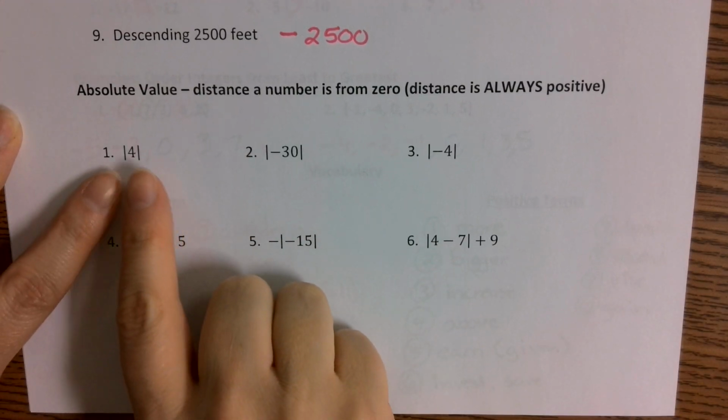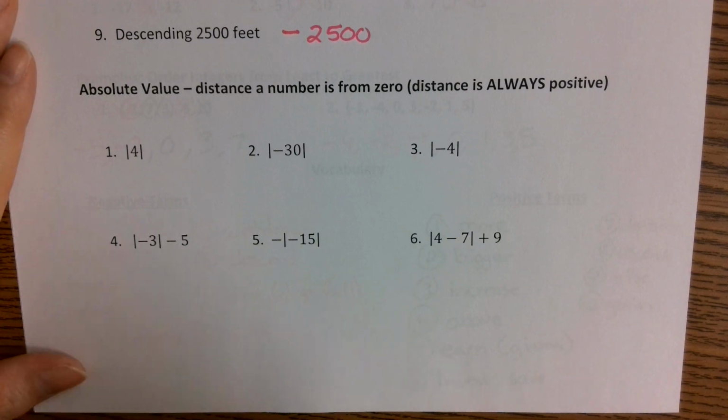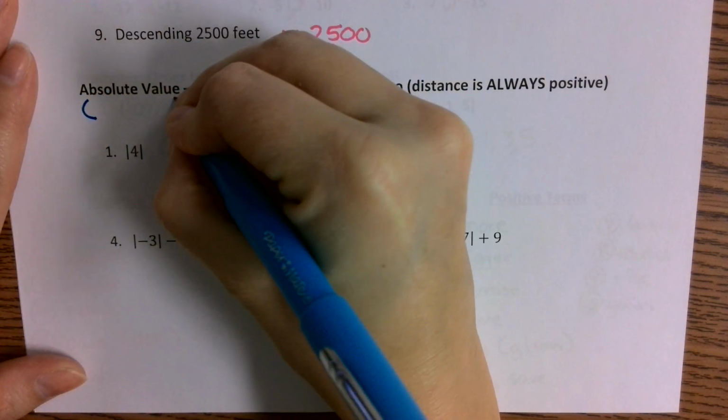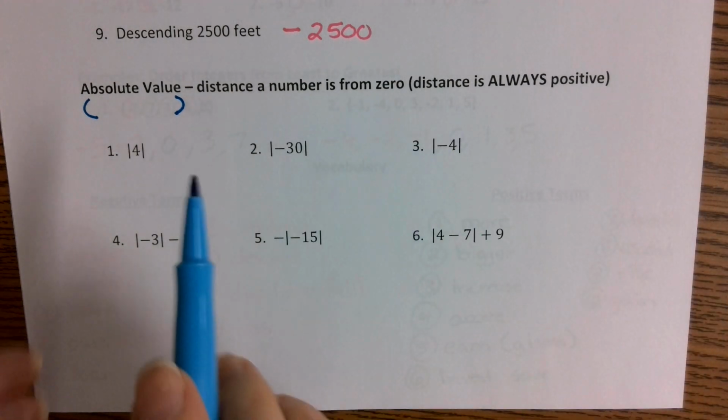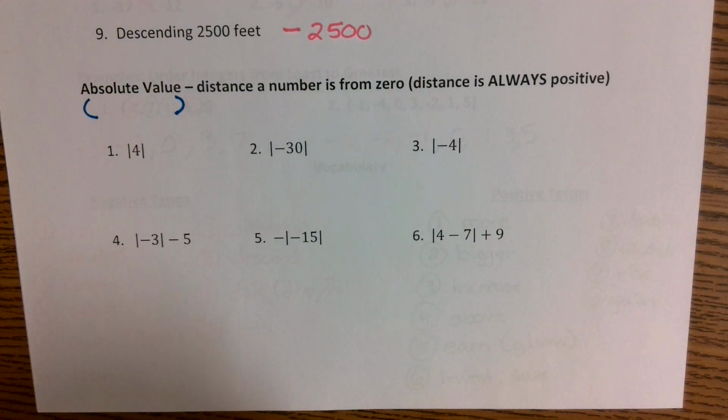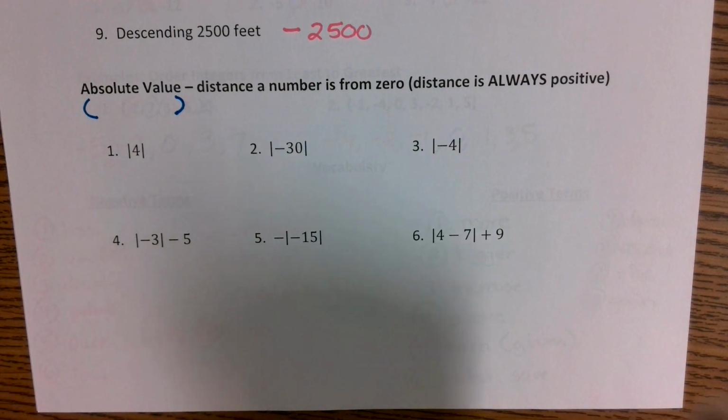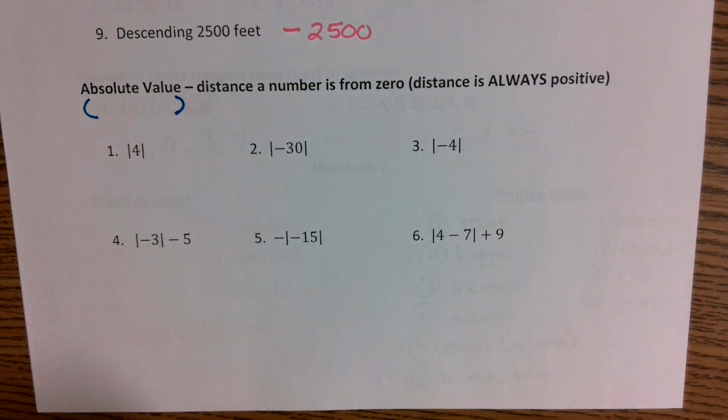Now, also something to keep in mind, absolute value works like parentheses. It works just like parentheses when it comes to order of operations, which means that you have to perform your absolute value first before anything else. So if you have other operations going on, you need to do what's inside of your absolute value first before you can perform the rest of the problem.